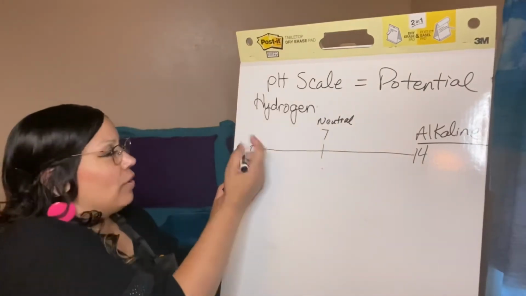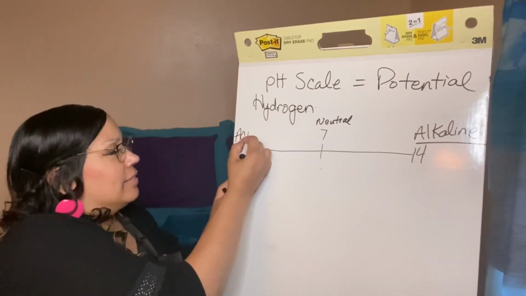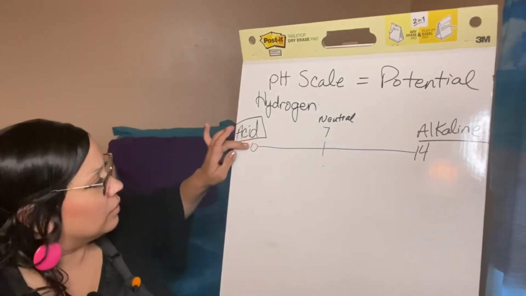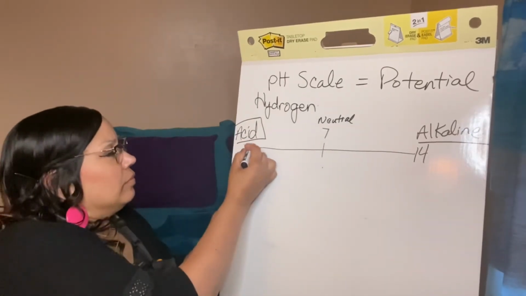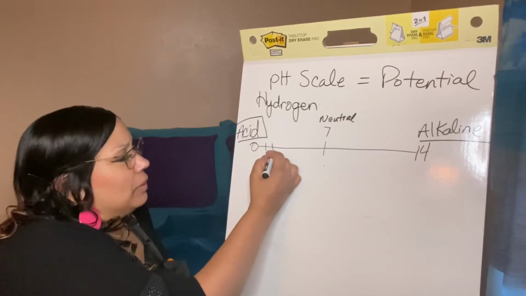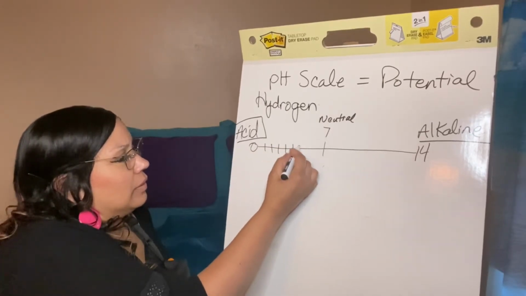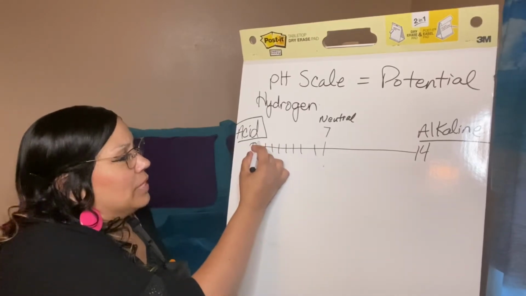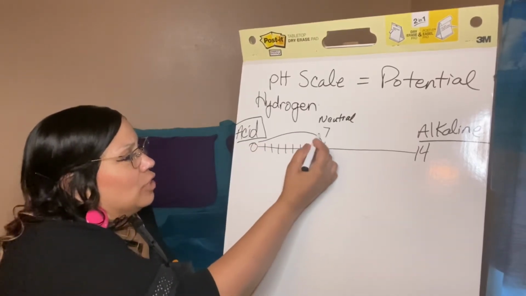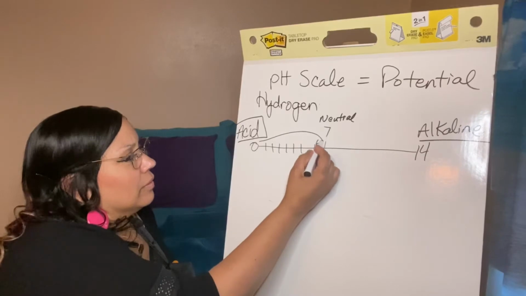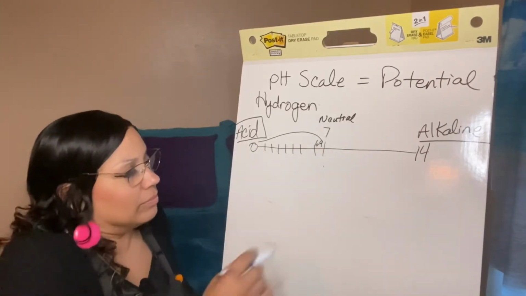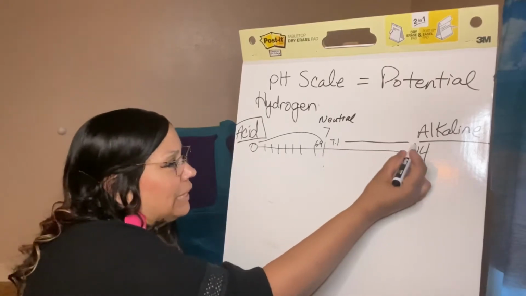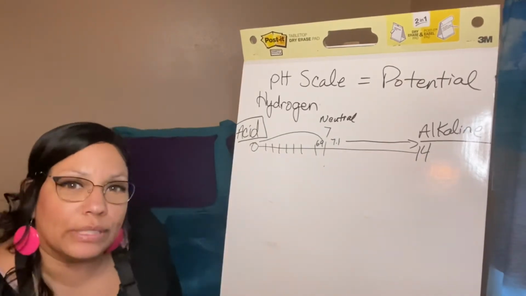And this side over here is your acid side, right? So as you're going up, all the way up to 7, from 0 to 6.9 is acid. 7.1 to 14 is alkaline.